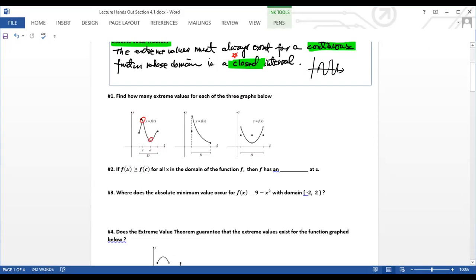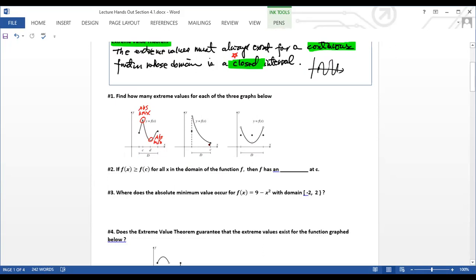So this is the absolute max value, this is the absolute minimum value, correct? So c is here. This is the absolute max, and this one is the absolute min, right?